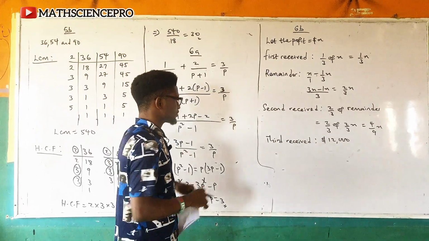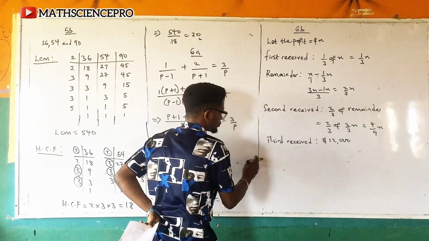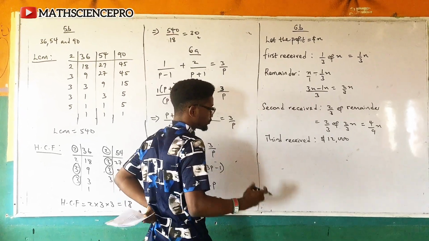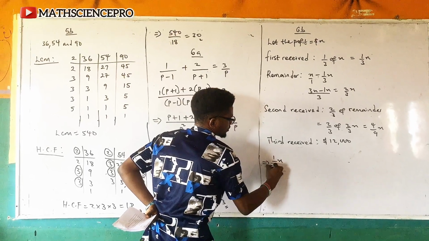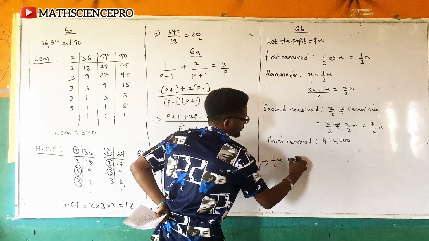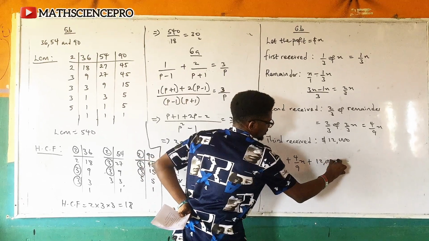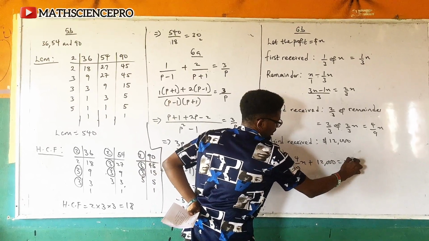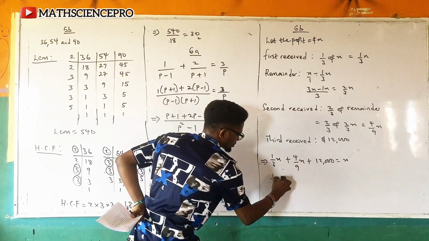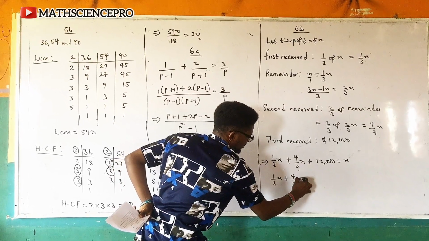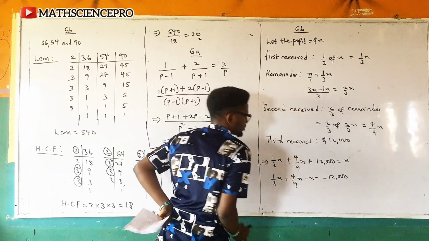So the first is 1/3x, the second is 4/9x, the third is $12,000, equals the total profit, which is x. Get that now? So you can have 1/3x plus 4/9x minus x equals negative 12,000.